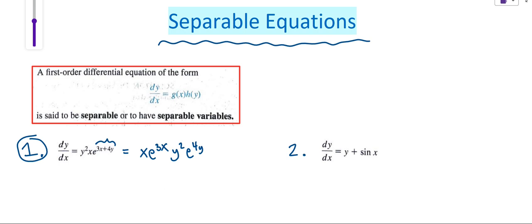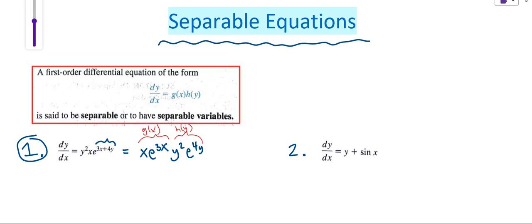And now you can see that we have this part here and we have this part here. So essentially what we have here is g of x and h of y. We have two distinct functions, one with the variable x and one with the variable y, and therefore we can separate them and solve. The way we would solve this is by simply dividing both sides by h of y and multiplying both sides by dx.